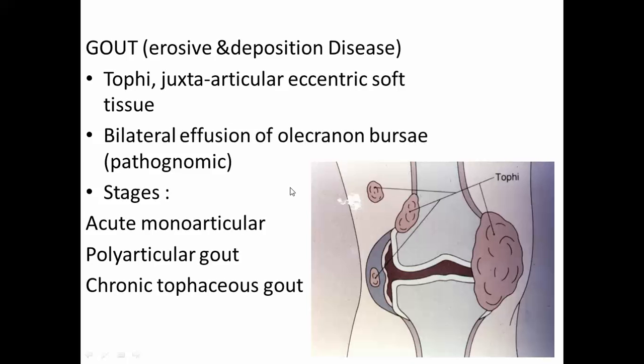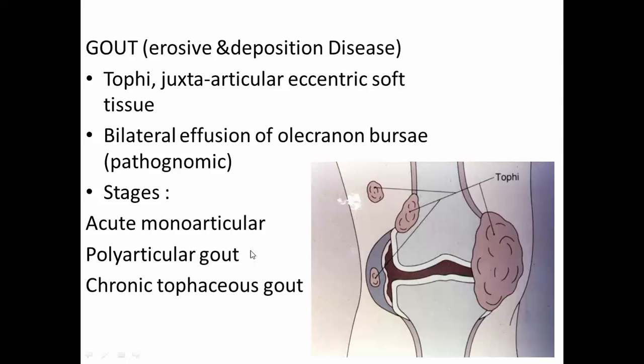We can have pathognomonic effusion of the olecranon bursa. It can be seen as stages, as acute monoarticular. Acute means with acute symptoms, pain and swelling and inflammatory reaction.